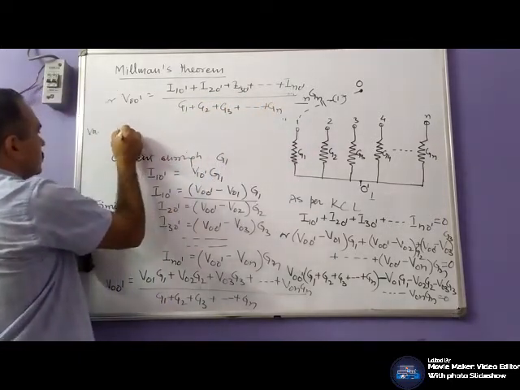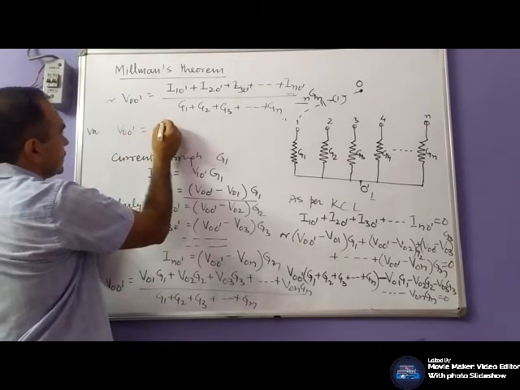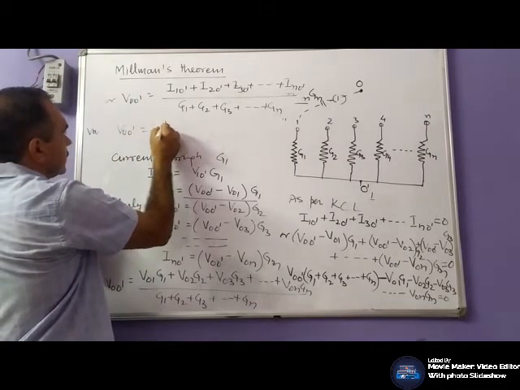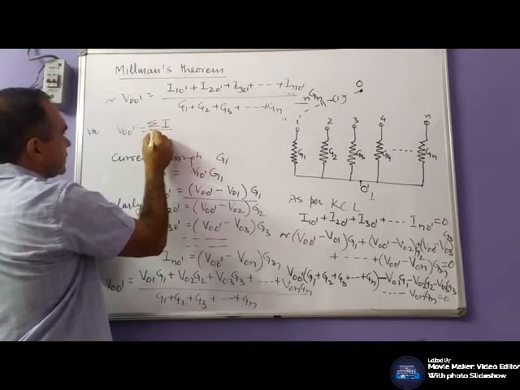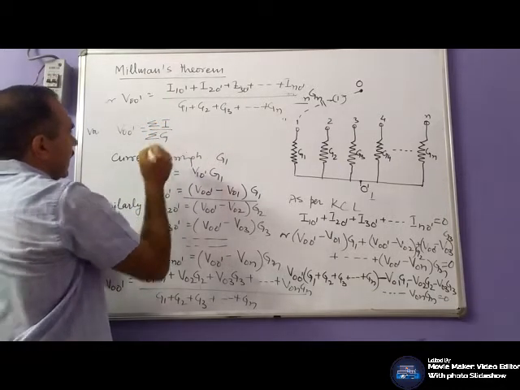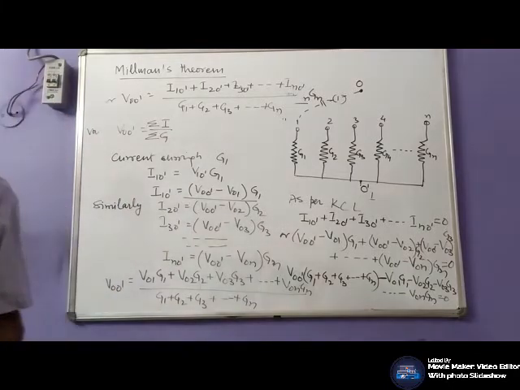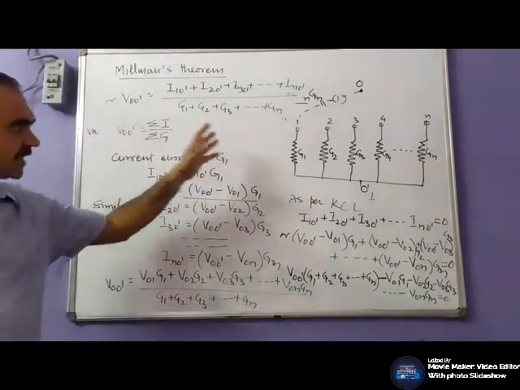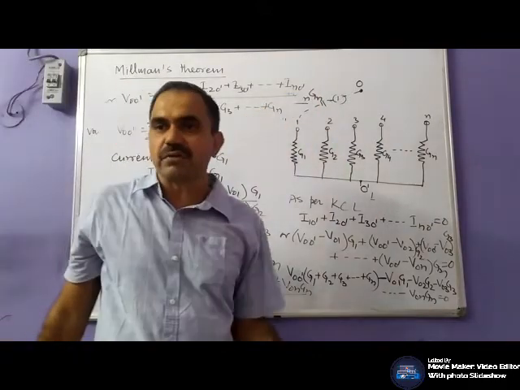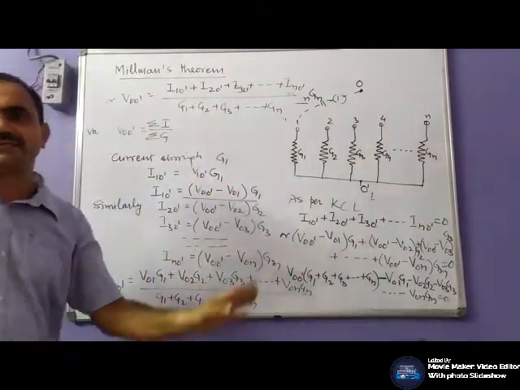So V00 dash is the algebraic sum of currents to the summation of conductances. So we may have the current source here or we may have the voltage source, we can directly find out this.